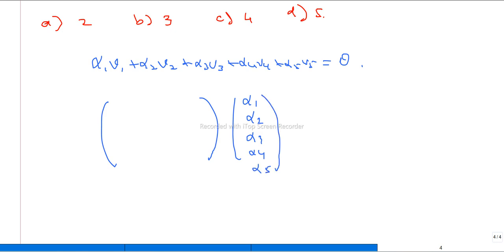So you have to write each V as a column, first column. Then only if you multiply this you will get the result. So V1 is 1 2 0 3 0.